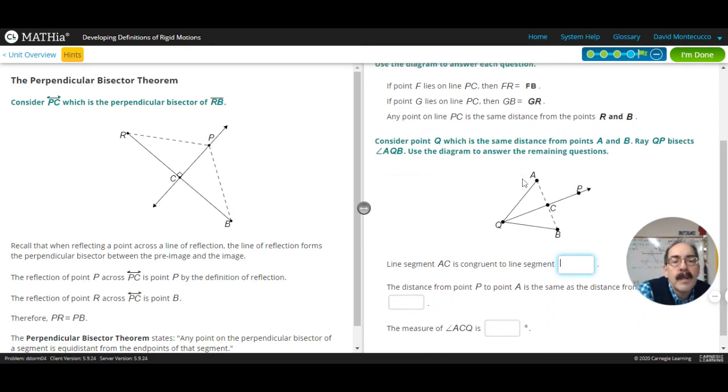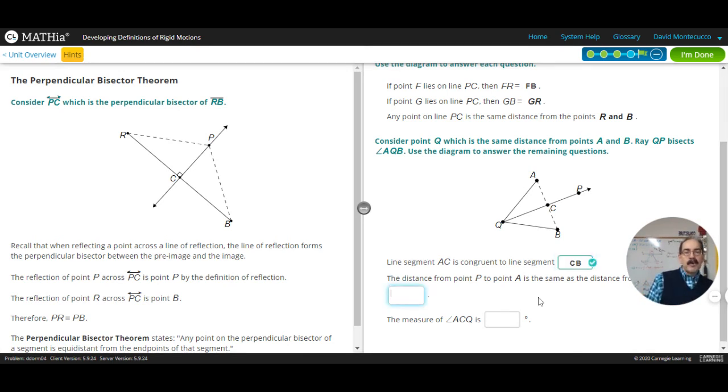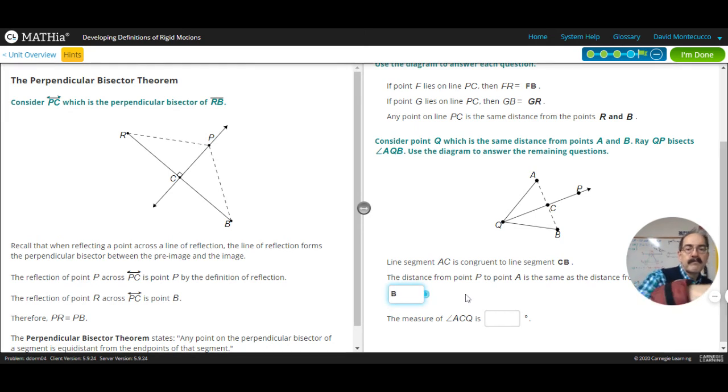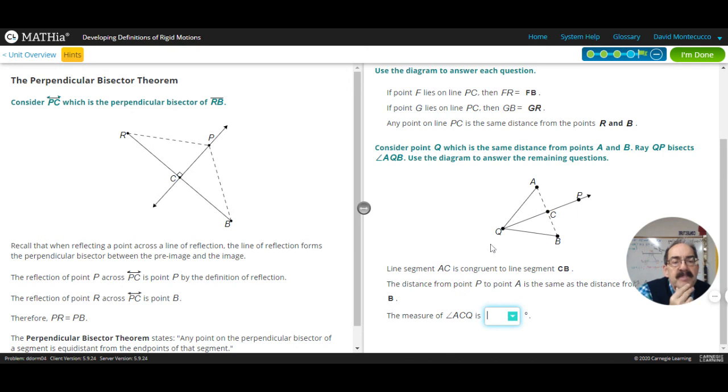Okay, all right. So AC is congruent to CB. The distance from point P to A is the same as the distance from point P to B. The measure of ACQ has to be the same as BCQ.